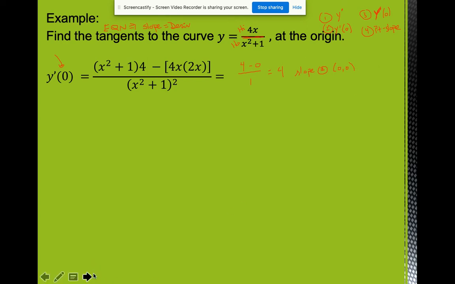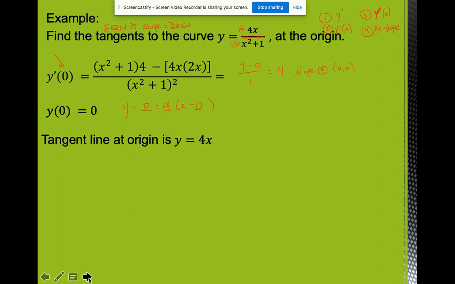Next, I have to find the point at the origin. Well, hello, the origin is 0, 0, right? Now I need to write the equation. So I'm going to put 0, 0 here and the slope here. Oh, that was silly, right? This is just 4x.